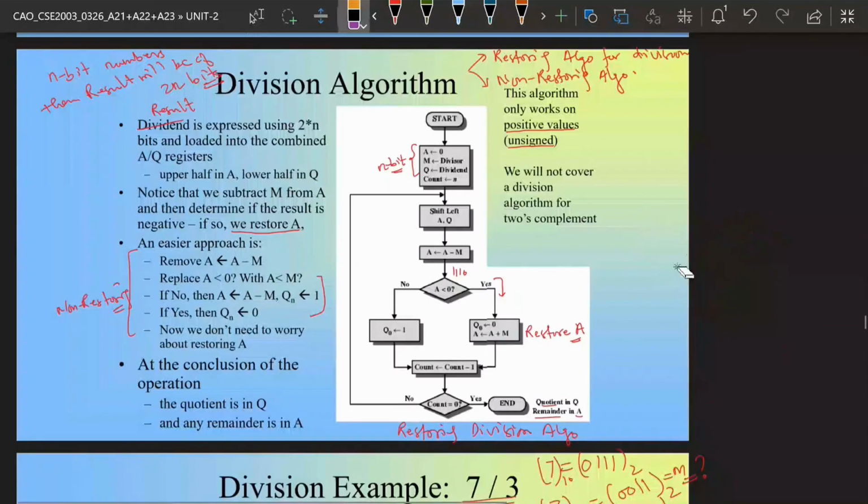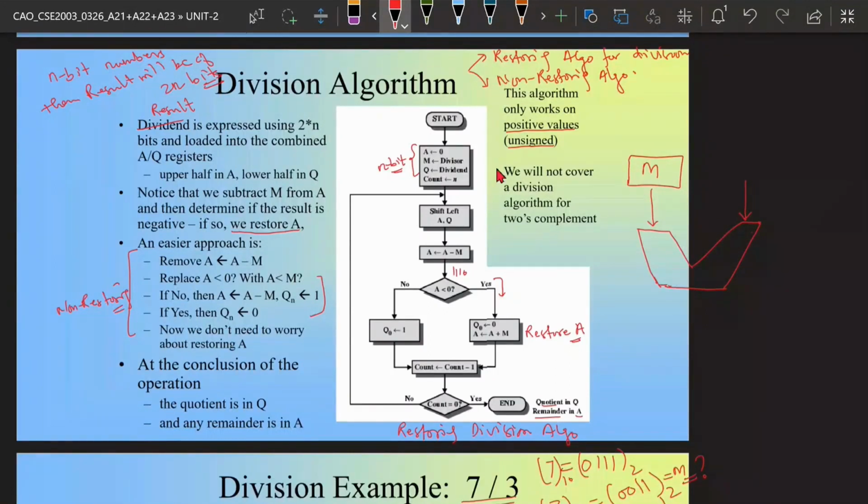So this is the ALU. One input will be from this way, another input will be from this way. The first input to this ALU will be the M value, that is the divisor.